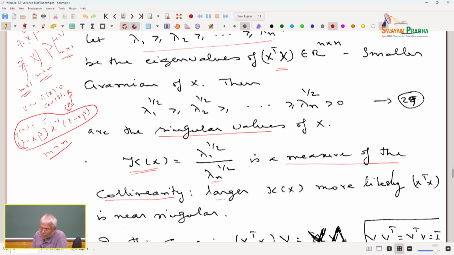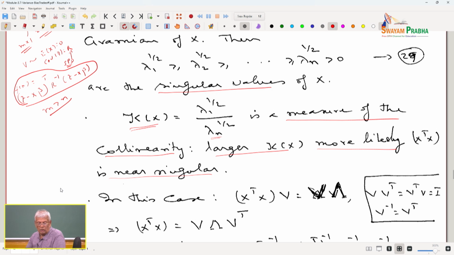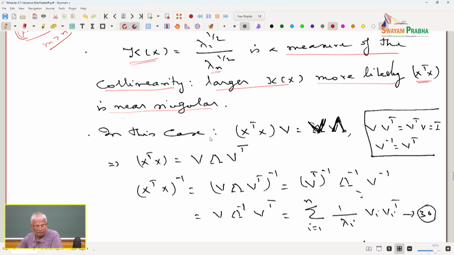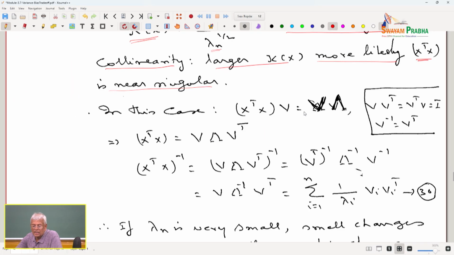So, the larger the condition number of X, the more likely the matrix is singular, and this singularity arises from multicollinearity. In other words, singularity of X transpose X can be measured by the condition number, which is the ratio of the largest singular value to the smallest singular value.